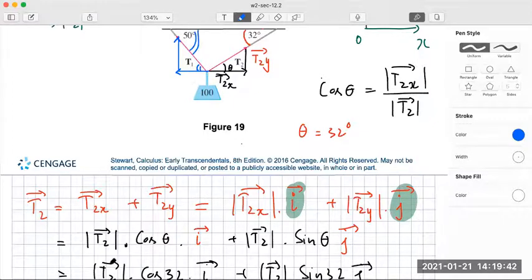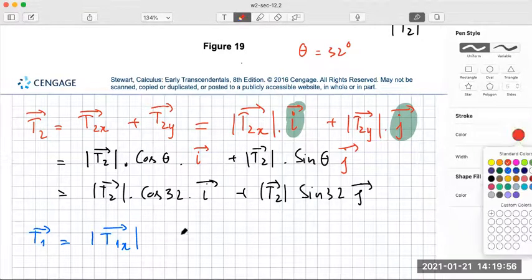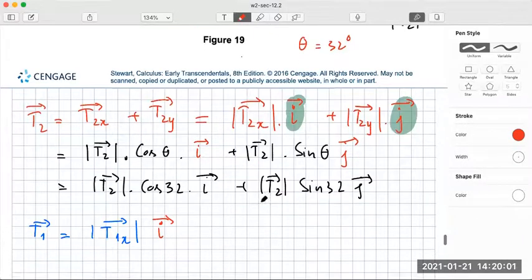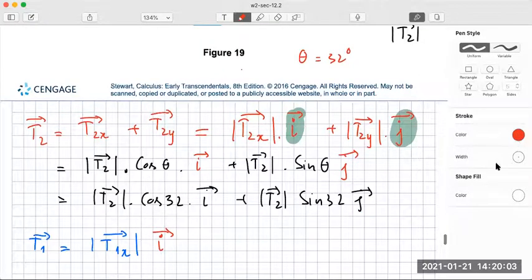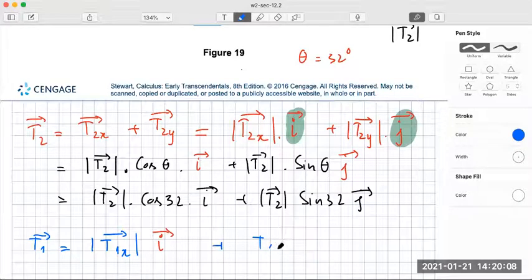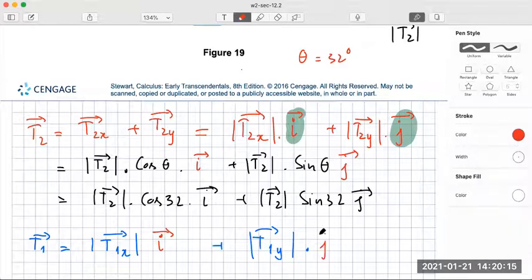So therefore, vector T1 we can always write as T1 in the x direction multiplied with the vector I in the OX axis, plus T1 in the Y direction multiplied with the unit vector in the Y direction here.